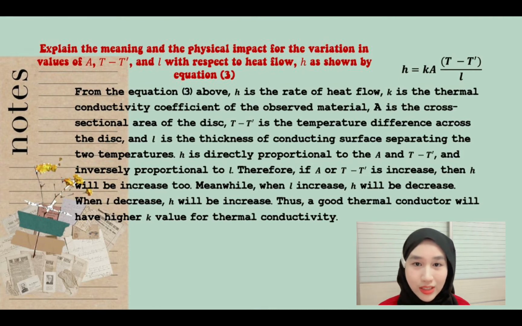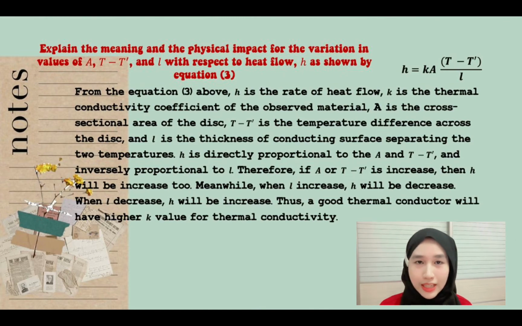When the thickness of conducting surface decreases, then the heat flow will increase. Thus, a good thermal conductor will have a higher K value for thermal conductivity. So K is the thermal conductivity coefficient.